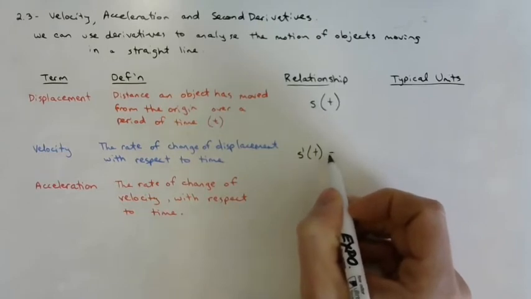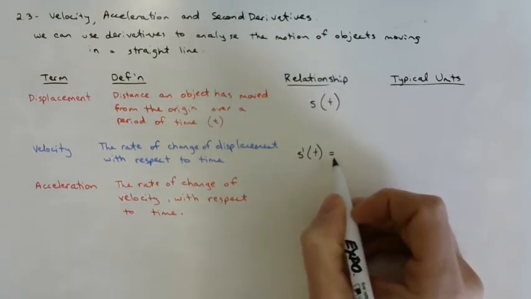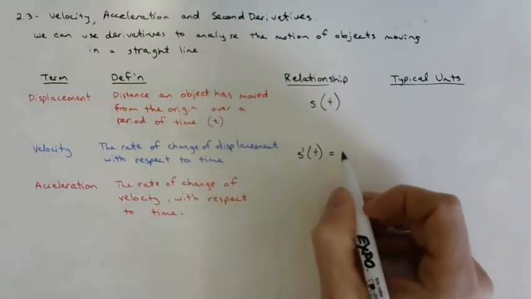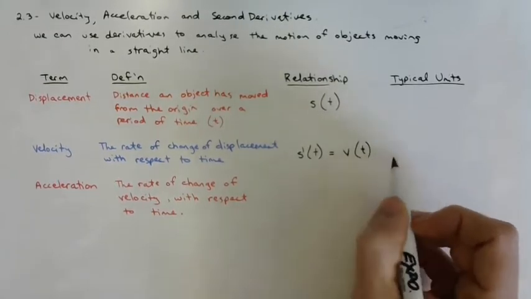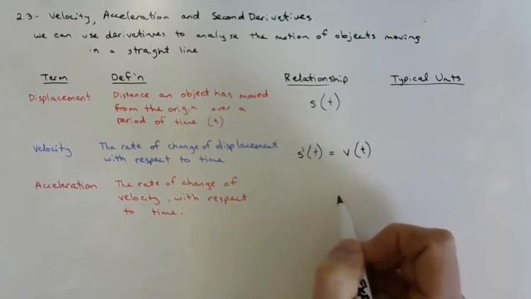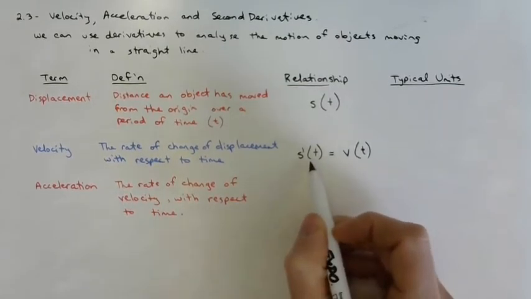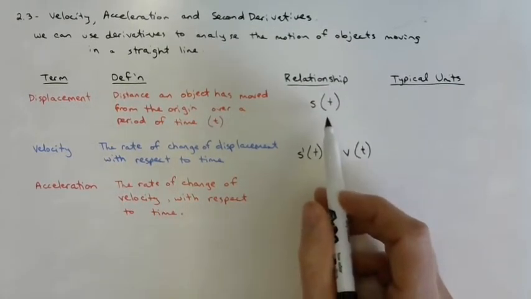The new function that we create, because the derivative of any function is another function, is v of t, velocity with respect to time. So v of t is the first derivative of the displacement function.